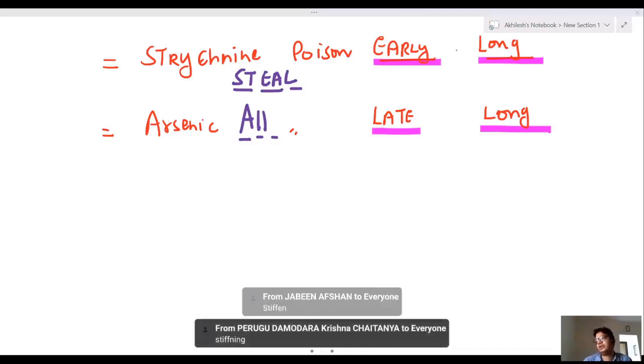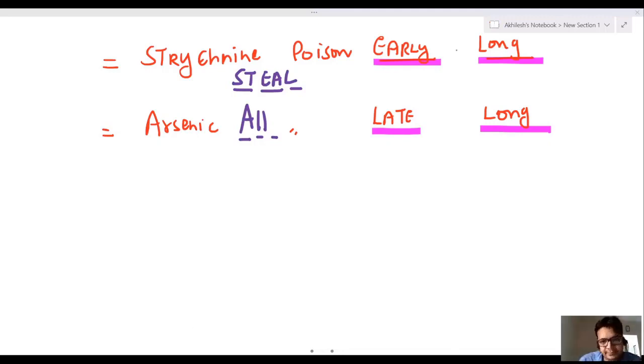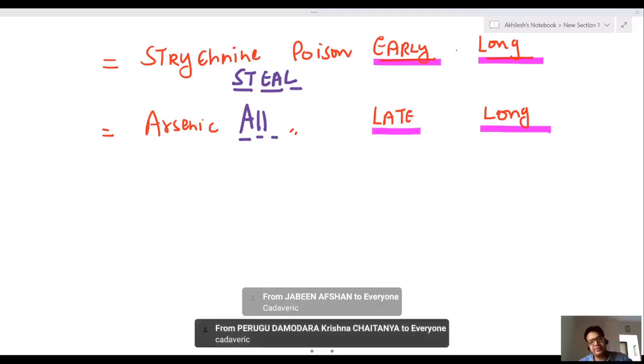Stiffening is more than shortening. Rigor mortis is also known as dash dash dash rigidity. Which rigidity? Cadaveric rigidity.